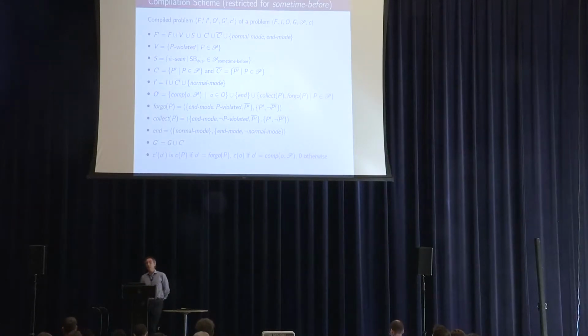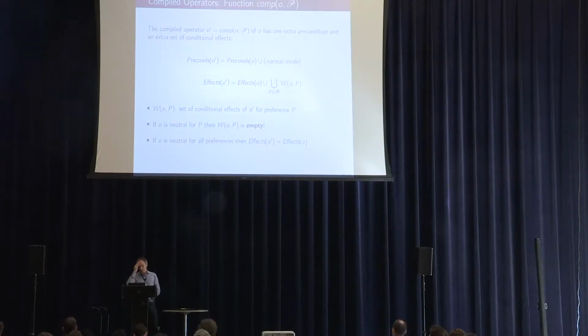Basically, each original operator is compiled by a function comp OP that adds one precondition and some conditional effects. Then we have the special action ends that I have already discussed, and the collect and forgo actions for every preference. So let's see this compilation function for an operator O.